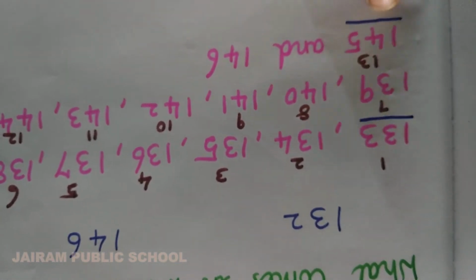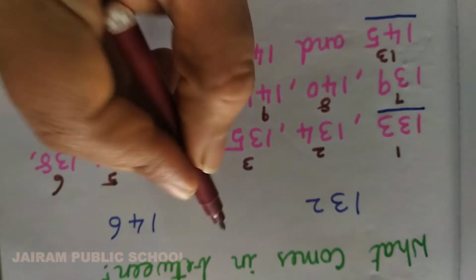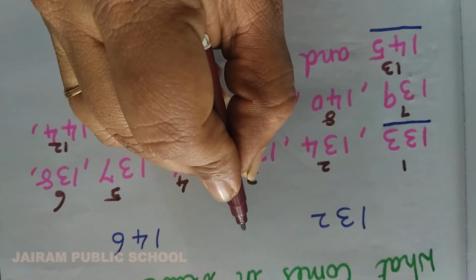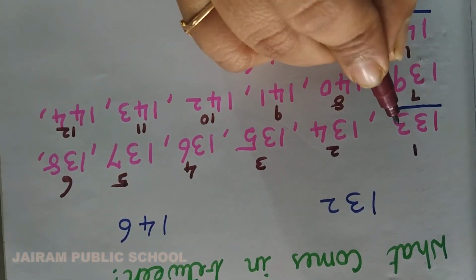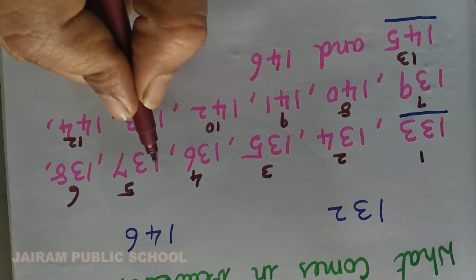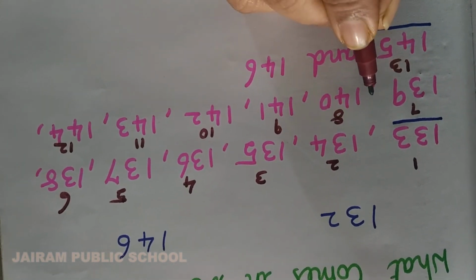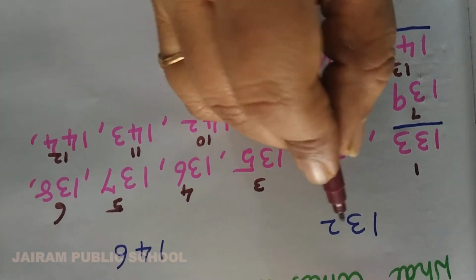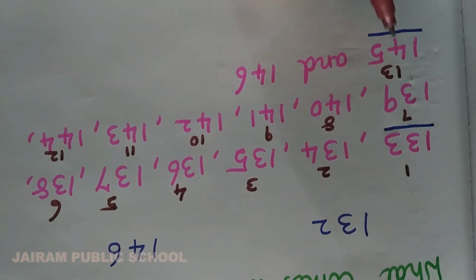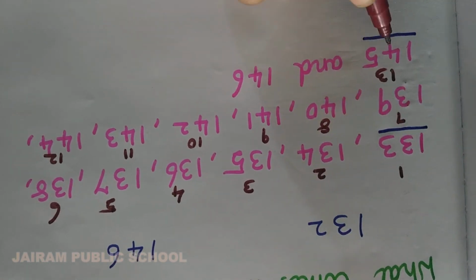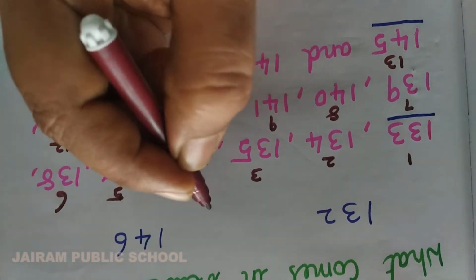In these 13 numbers, any one number you can write here. Either you can write 133, or 137, or 139. In these 13 numbers, you can take and write any one number.